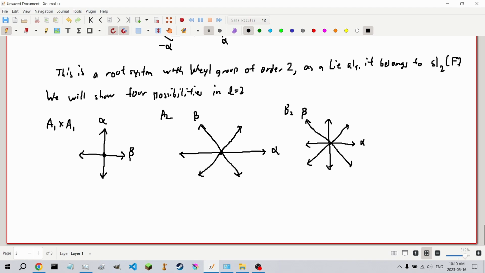And we have a G2, which I am going to really butcher. So we have these long ones going up and down. And then inside of this, we have these short ones, which give you a kind of hexagonal pattern.